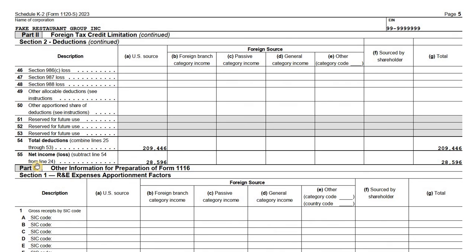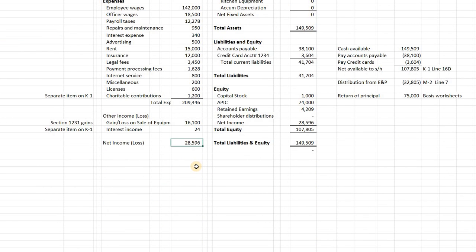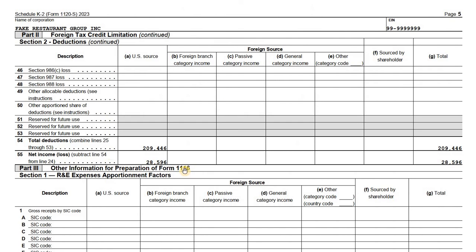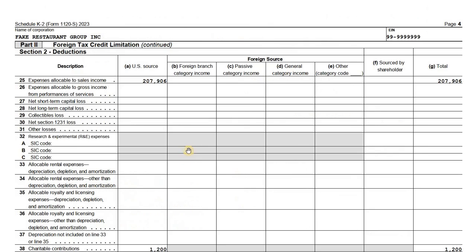So when everything is said and done here, when we look at the net income or loss, you can see there's the 28,596 figure. So that's our net income or loss per books that we see not only here, but it's also reported on the Schedule M1, $28,596. Okay, so let's go back to K2.